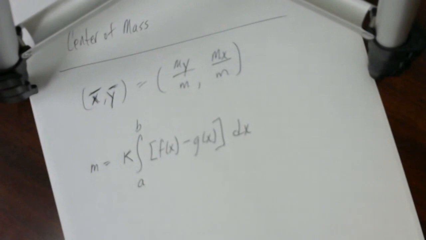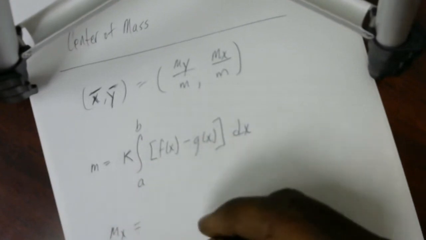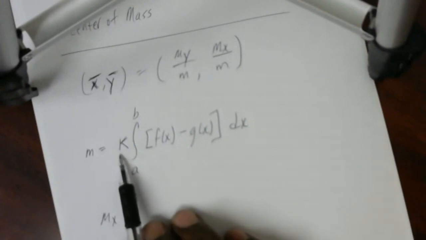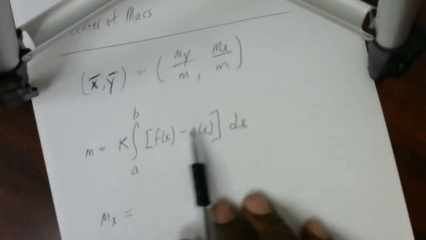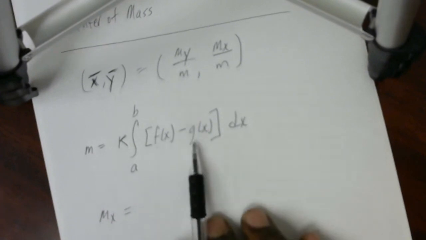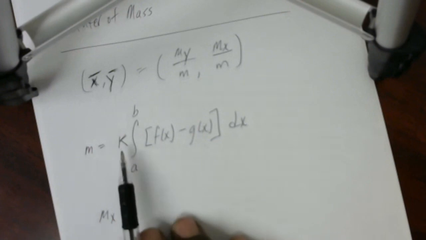So you'll notice there is a different formulation for M. Notice that this K is attached to this integral. You'll be given an f of x and a g of x. You may or may not have to find the limits of integration, but you must attach K.